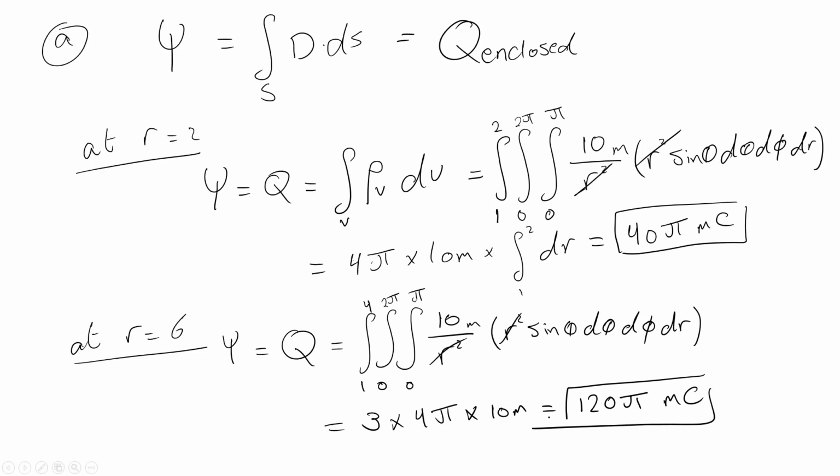This is for part A. Now for part B, we need to find the flux density at r equal 1 and r equal 5. Now we said at the beginning that the flux equal to the charge, which is equal to the integration over the surface of D dot ds.